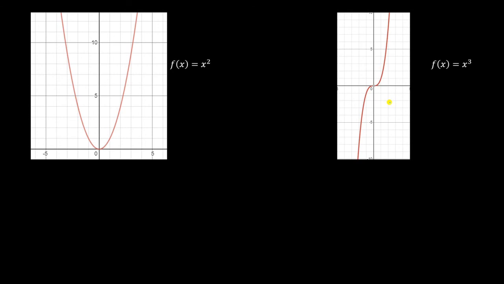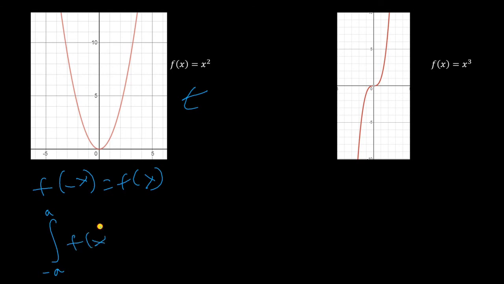Finally, another quick tip. If you're integrating an even continuous function, which is where f of negative x equals f of x, integrating this from negative a to a is the same as 2 times the integral from 0 to a of f of x dx.